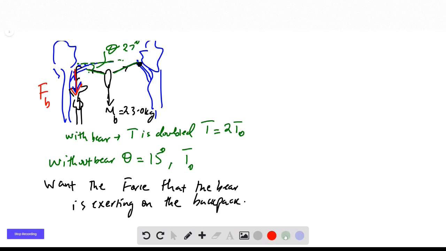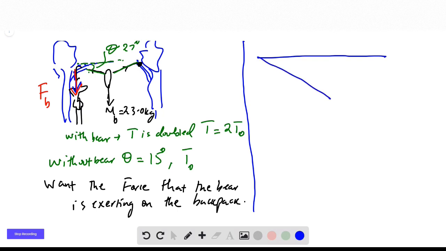So we'll go ahead and have a similar diagram, but this time this is a free body diagram, where there are two similar angles that are dipping from the horizontal. Those ones we're calling theta. And then this is the point where the backpack is hanging downwards. The weight of the backpack is mg.